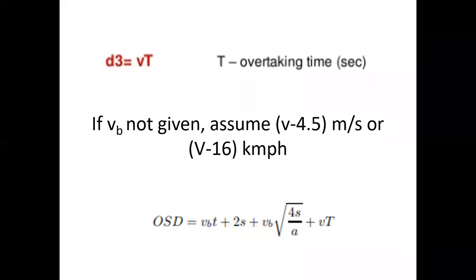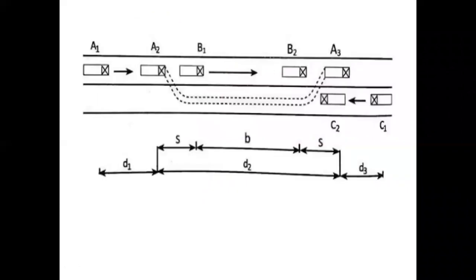Now D3 I wanted to calculate, that is speed times capital T. Why? Because the overtaking operation is happening while vehicle C is coming from the opposite direction. Vehicle A has to overtake vehicle B without colliding with vehicle C. That was our concept. C is moving from C1 to C2, and that distance is D3.